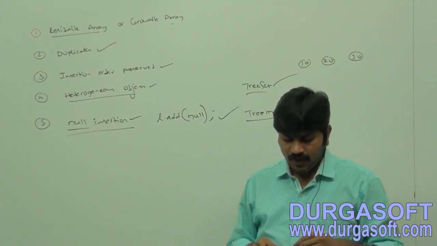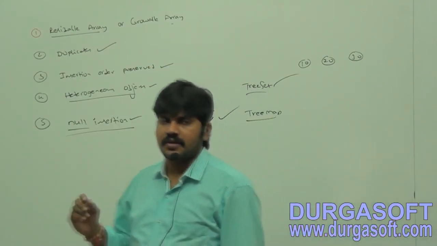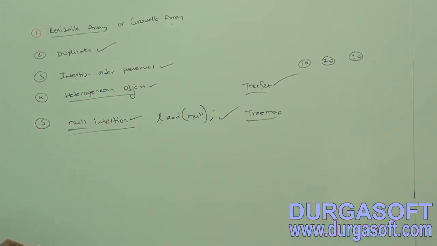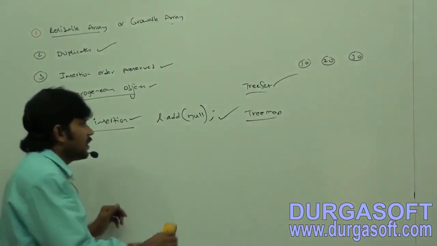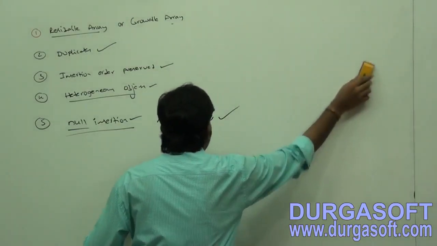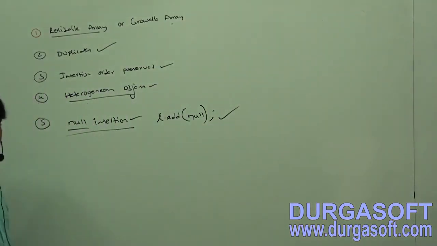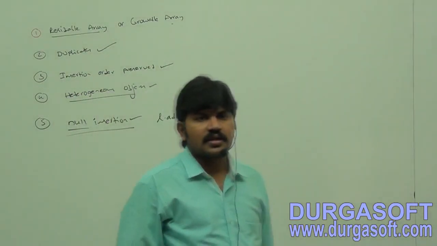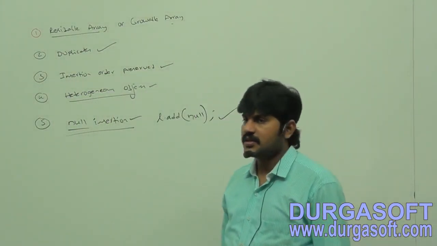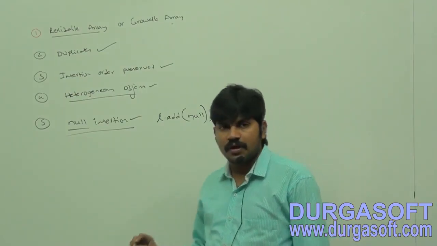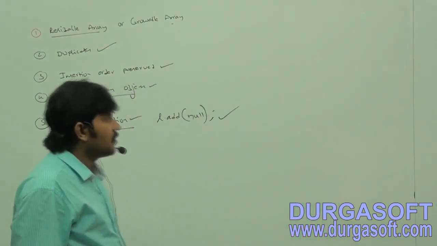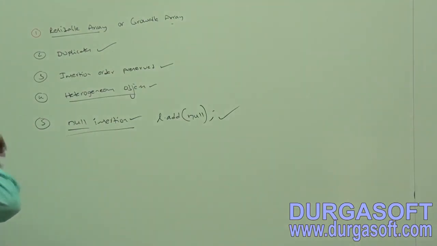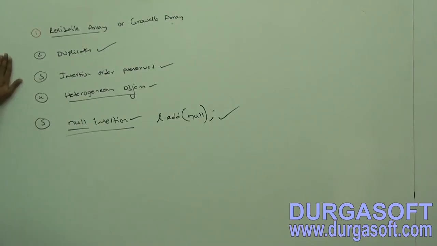First point, the underlying data structure is a resizable array or growable array.